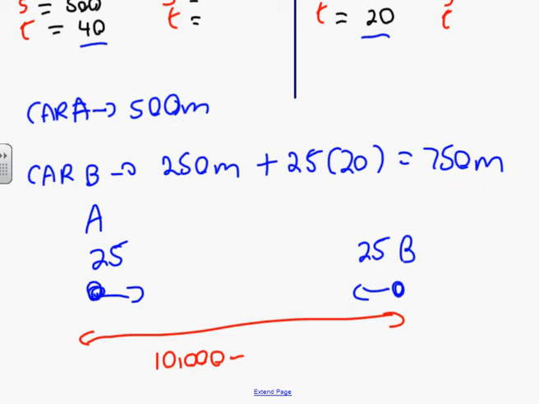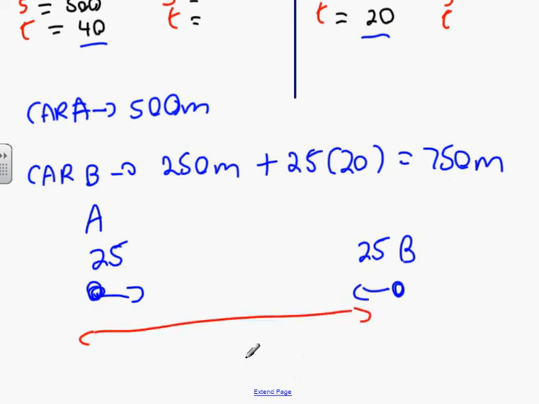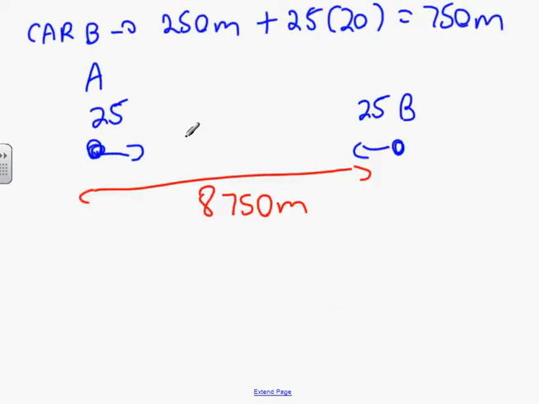So at the point where they're both travelling at constant velocity, they're both 8,750 meters apart. Now we can do a relative velocity trick if you want. Everybody know what the relative velocity trick is? They're both coming towards each other at 25.